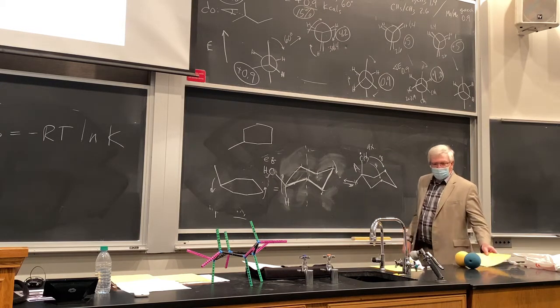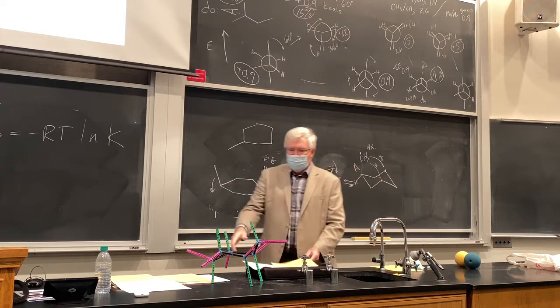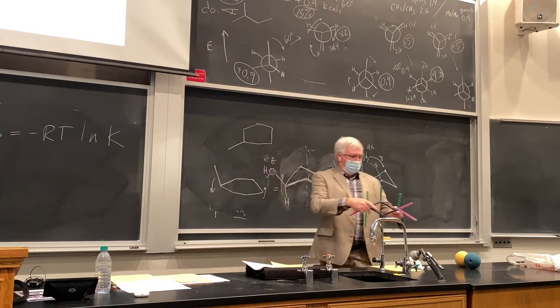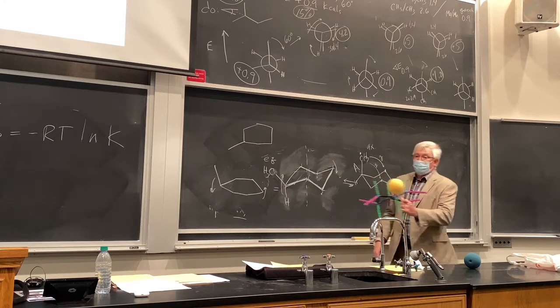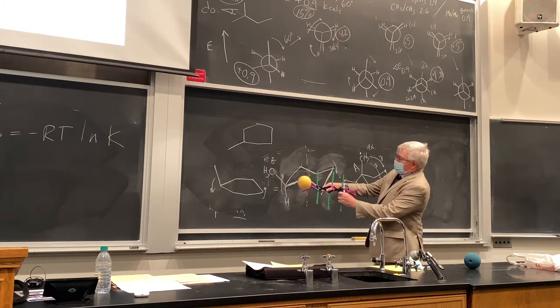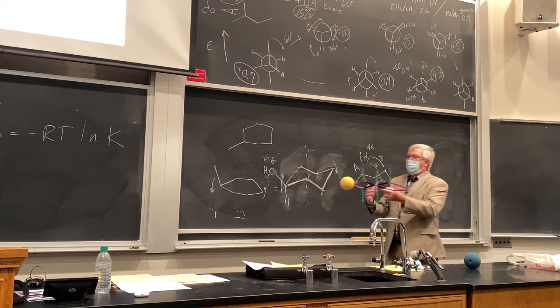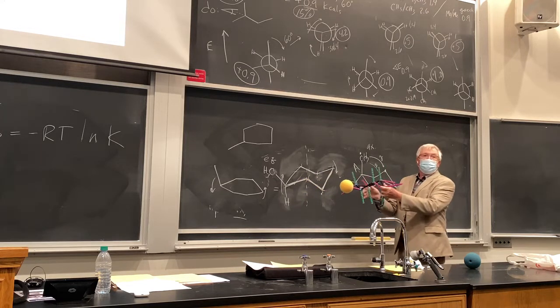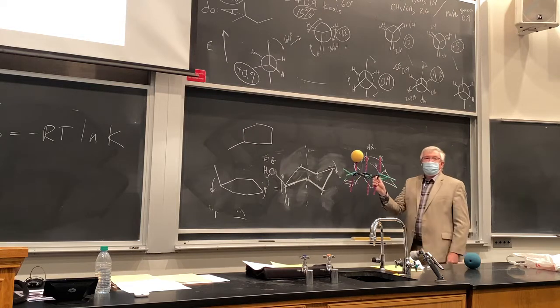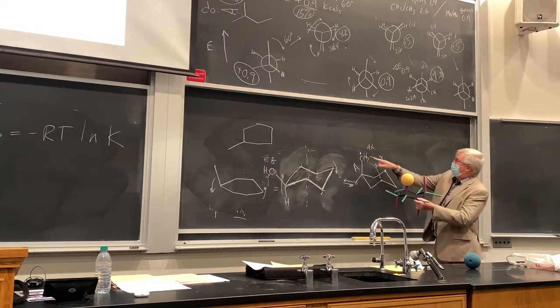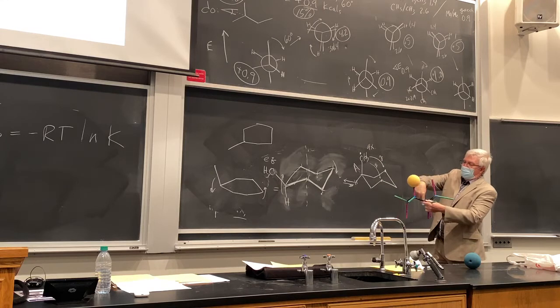Let's see if the model will bear that out. And we need to get a methyl group on here. Here's our methyl group. Everybody see that purple bond out there is equatorial. Now let's do the ring flip. And now it's up here, it's axial, parallel to the axis.